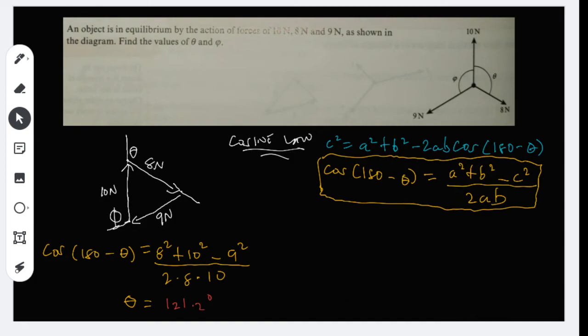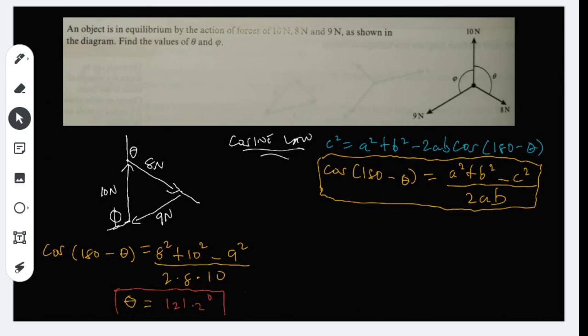We solve the value of this first, then get the inverse cosine of that, and then subtract from 180 to solve for the theta. So the theta here is 121.2 degrees.